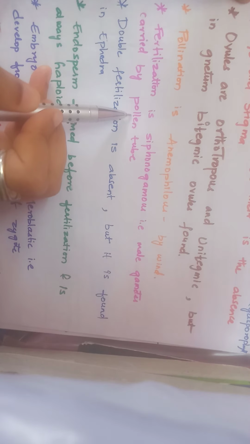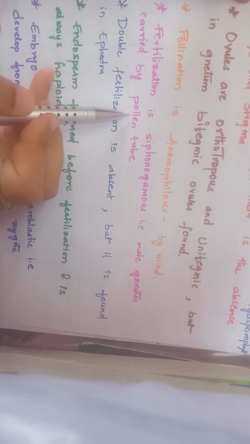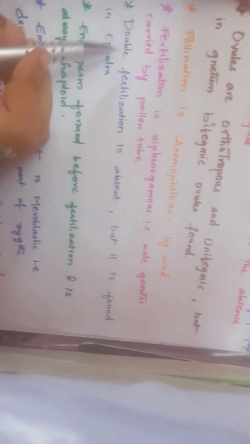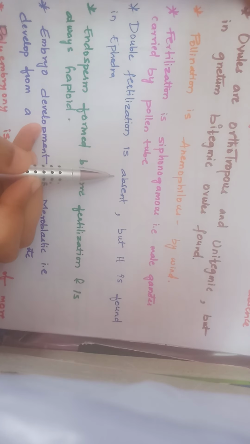When the pollen grain reaches the ovule, it produces the pollen tube, through which the male gametes get transferred to the egg cell. Then double fertilization is absent.